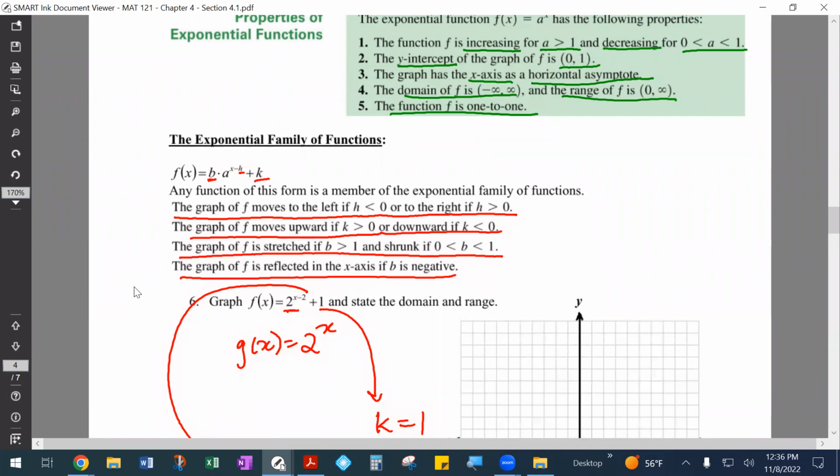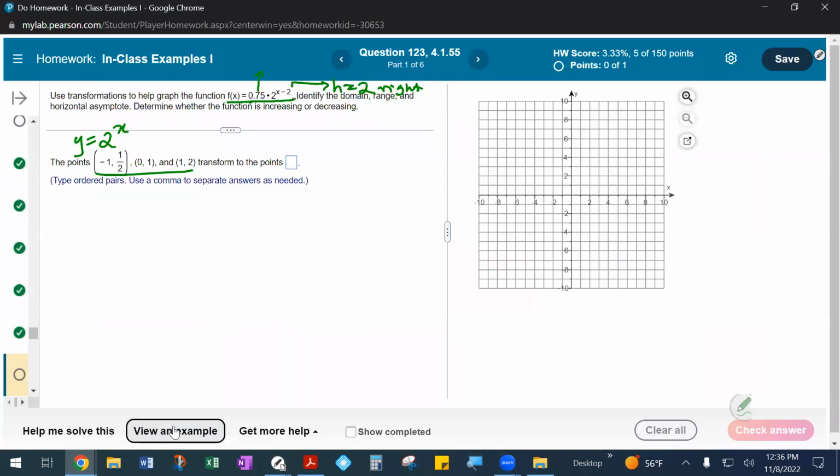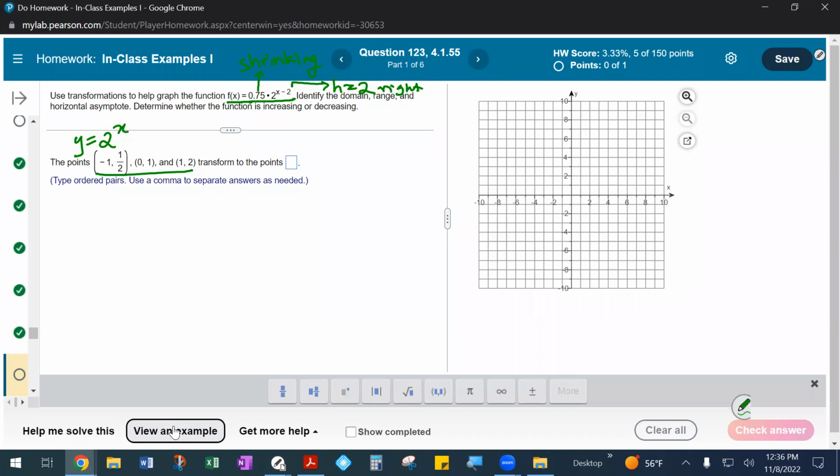Shrinking. When your number is between 0 and 1, it shrinks. It's got to be greater than 1 to stretch. All right, so how are these numbers going to transform based on my graph moving to the right and a shrinking happening? What will our new ordered pairs look like?